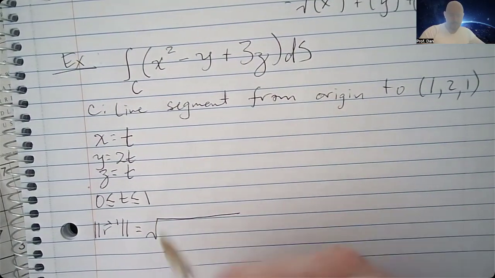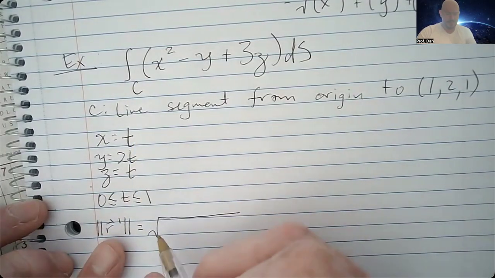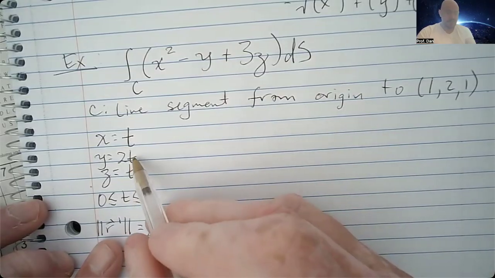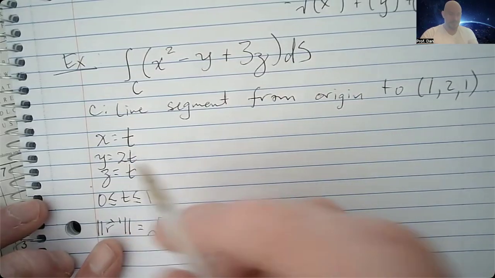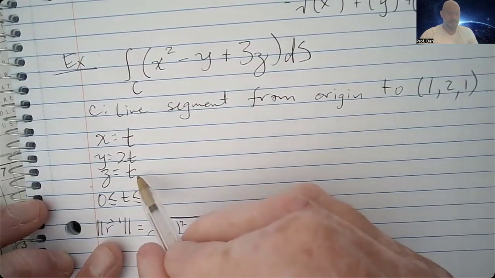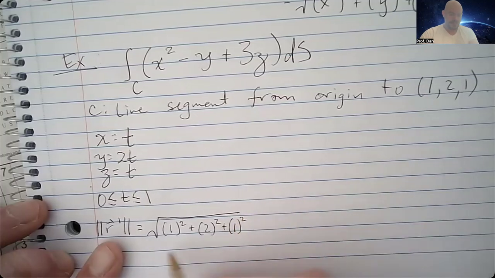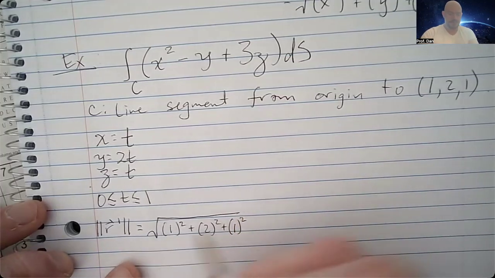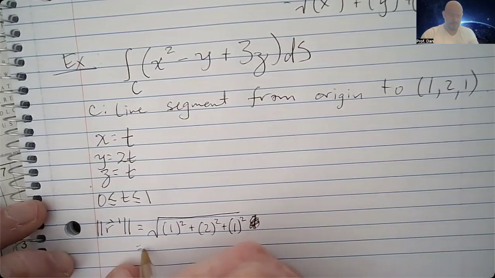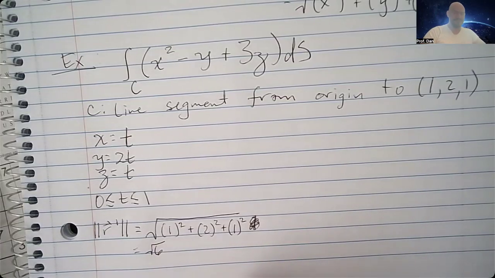The square root of the derivative of x with respect to t, which is 1, so 1 squared, plus the derivative of y with respect to t, which is 2, so 2 squared, plus the derivative with respect to z, which is 1. If I add these together, I get the square root of 6, which serves as our Jacobian throwback.